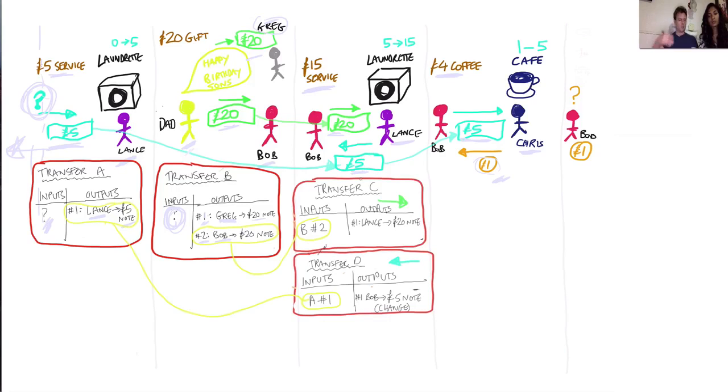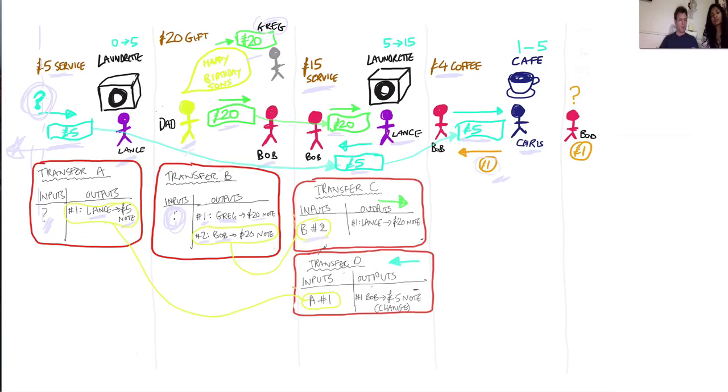So that's a transfer in two directions. The first one is Bob paying the laundrette £20, and the second transfer is the laundrette paying Bob the change. So in this case, transfer C was Bob handing over £20 to Lance the laundrette. This is the interesting part.